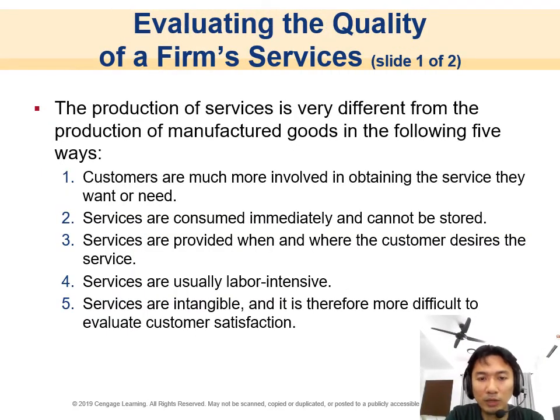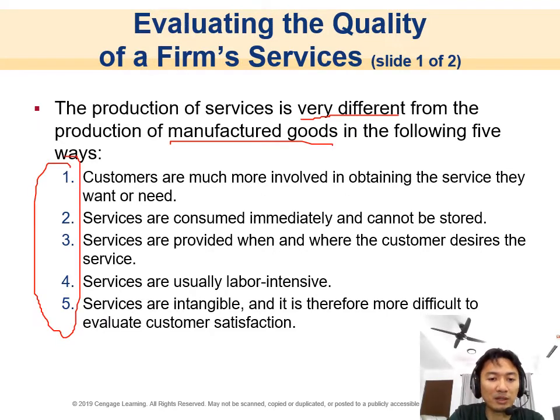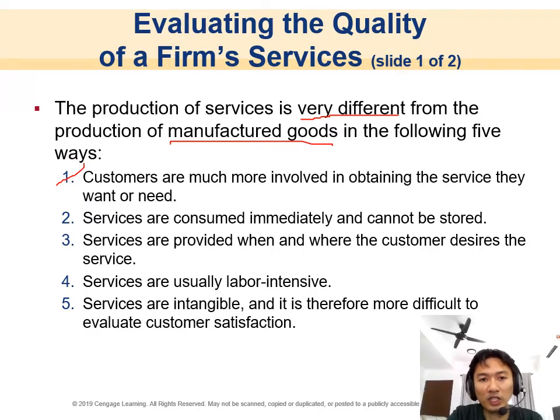Let's take a look at the production of services. The production of services is very different from the production of manufactured goods. Here we give five different things about producing services. The first one is customers. When it comes to production of services, the customers are far more involved in obtaining the service rather than goods.